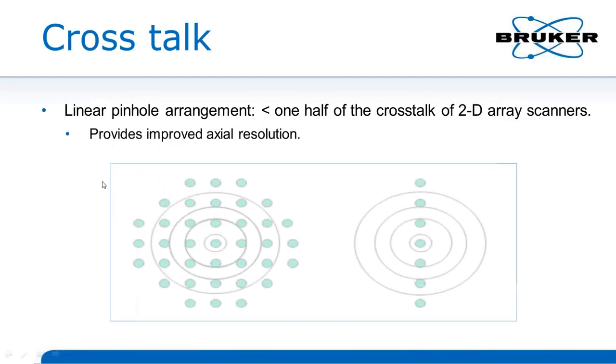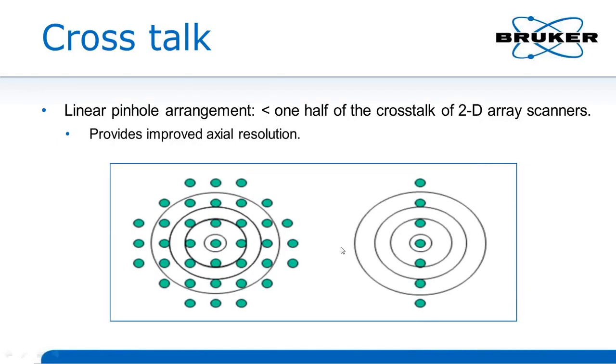Another important aspect of the system, because we have a linear array of pinholes, 32 pinholes arranged in a 1D array, is that the crosstalk in this system is improved quite dramatically compared to a multi-point or a two-dimensional array, something like the spinning disk system or some other types of multi-point scanning systems.